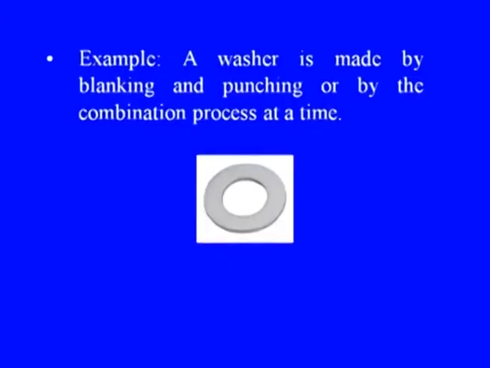The corresponding metallic part produced as a result of producing this hole is now discarded. Thus, the sheet with the pierced hole becomes the useful part. Example for this process is a washer, which is made by blanking and punching or by the combination of the processes at a time.